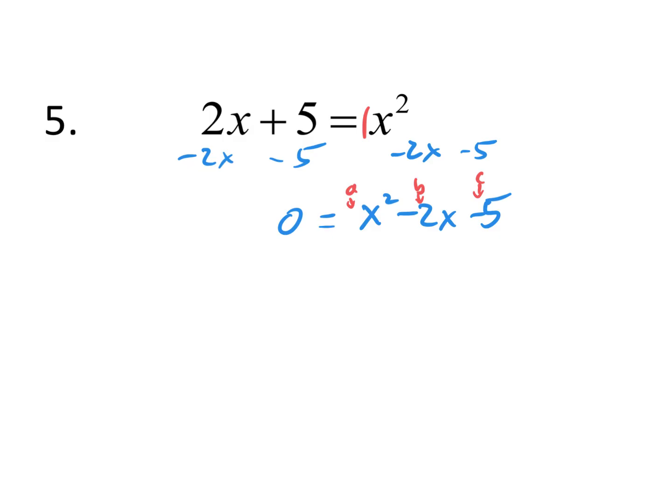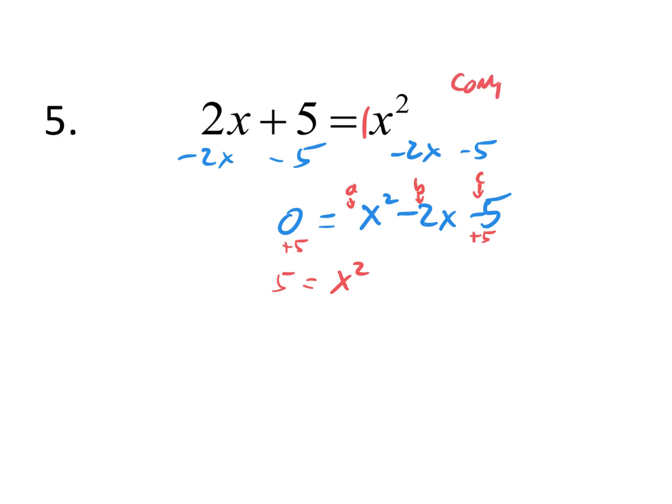Let me go ahead and show you how easy completing the square is. When you've got a leading coefficient of 1 like this, then completing the square is actually really easy. So I'm going to go ahead and put this 5 back over here, okay? So we're completing the square.